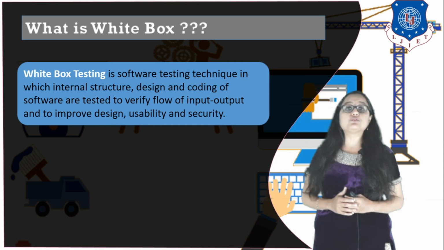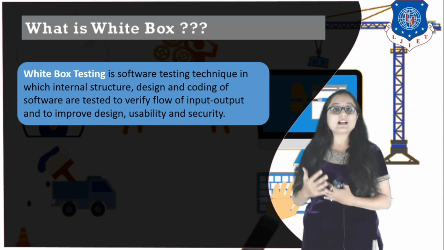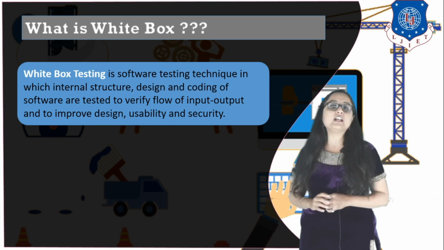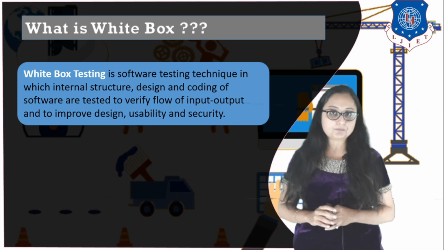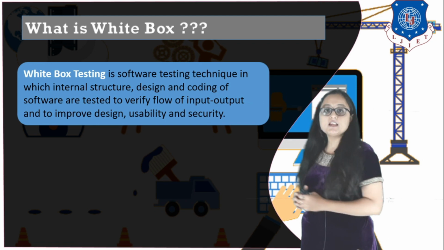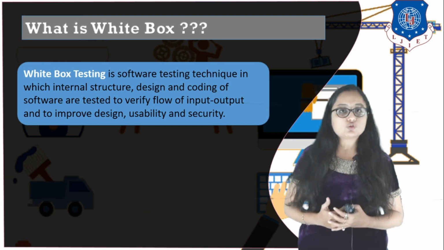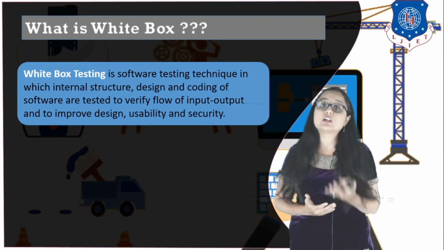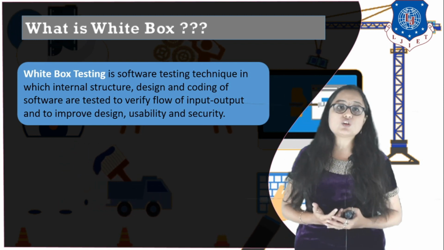Whereas when you are performing white box testing, you are actually executing the code, seeing the code and then finding the inconsistency in that code, right? So in white box testing, we are basically concerned about the code, the internal logic of the code and the local data structures that we are checking, right?